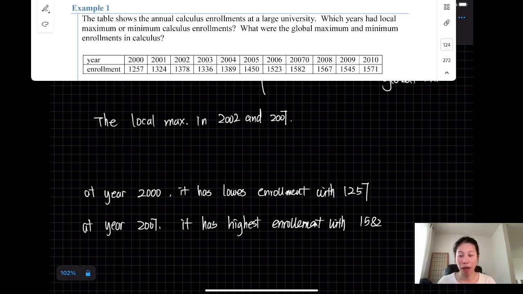Because for the years nearby 2002, like 2001 and 2003, 2002 is the highest. The enrollment in the year before and the year after is smaller than 2002. Similarly for 2007.